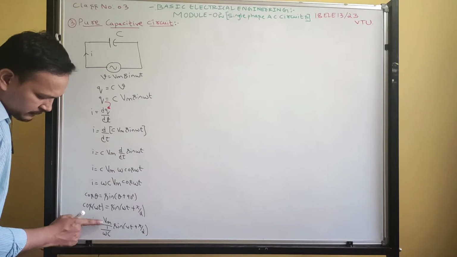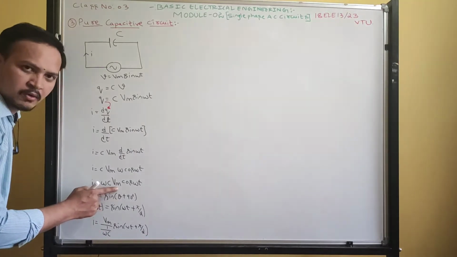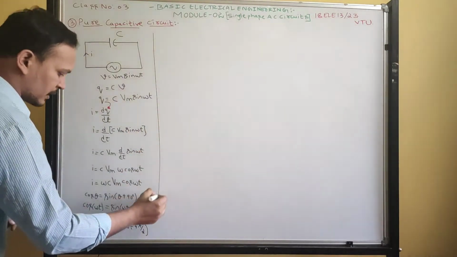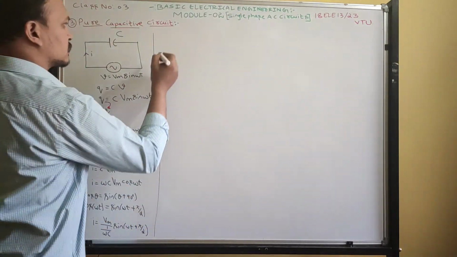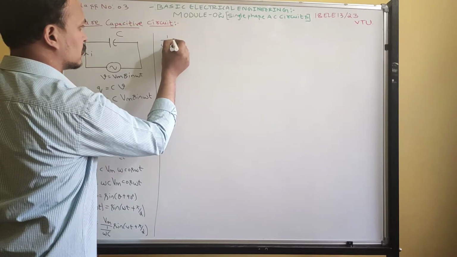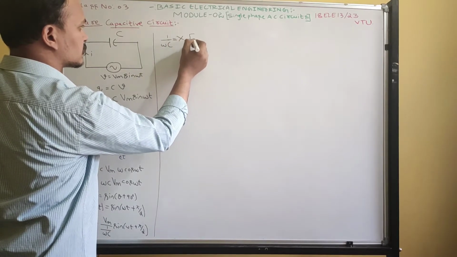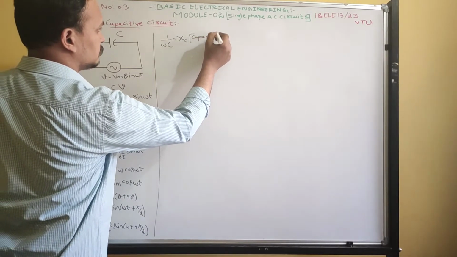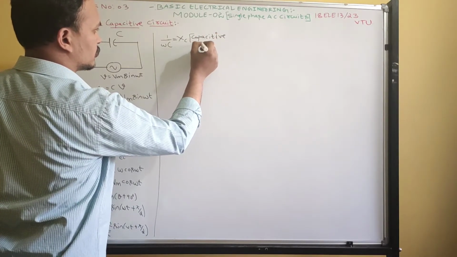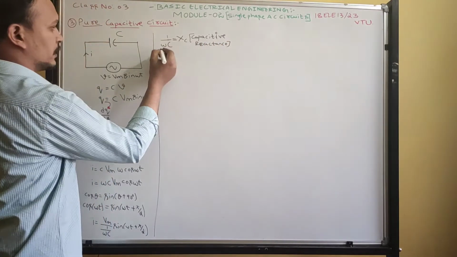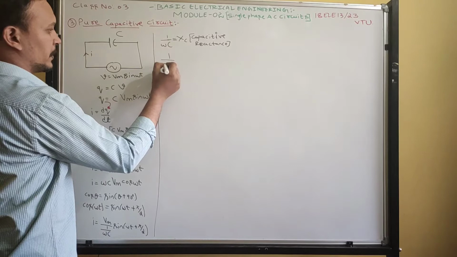If you simplify this, you will get the same equation, omega C Vm. But what is 1 by omega C? Capacitive reactance. Very good. 1 upon omega C is nothing but capacitive reactance. The unit of capacitive reactance is ohms. What is omega value? 2 pi f.